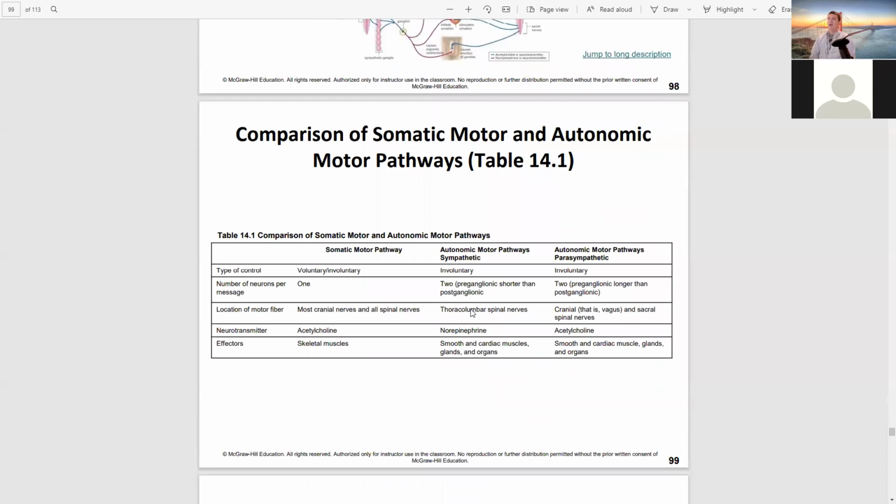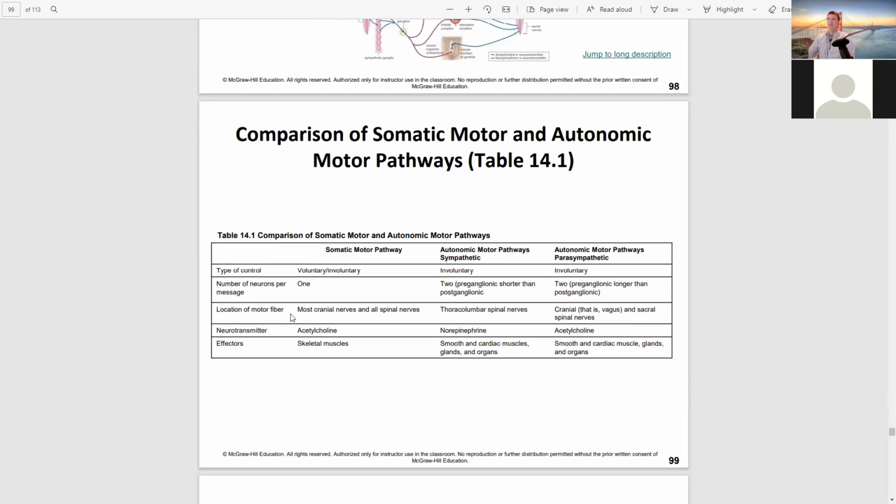So if we compare the somatic motor and autonomic motor pathways, the type of control for the somatic pathway is voluntary and involuntary. For the autonomic motor pathways, for the sympathetic and parasympathetic, those are involuntary. And the number of neurons per message, so there's 1 in the somatic motor pathway and 2 in the autonomic motor pathways.